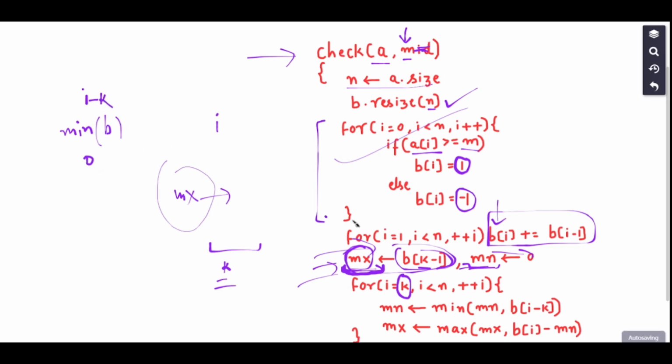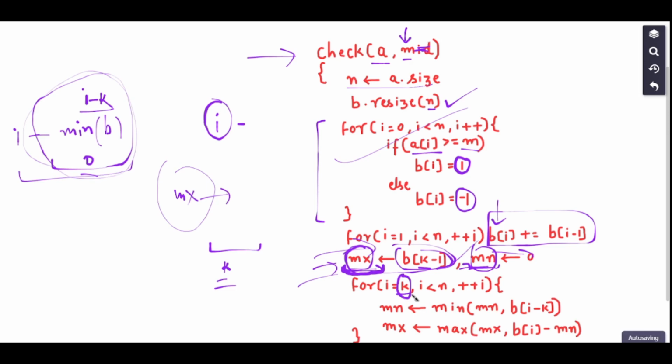That's what this is going to store. So the sum at the ith position minus the minimum sum which I obtain from position 0 till i minus k, that is what this variable is going to store.